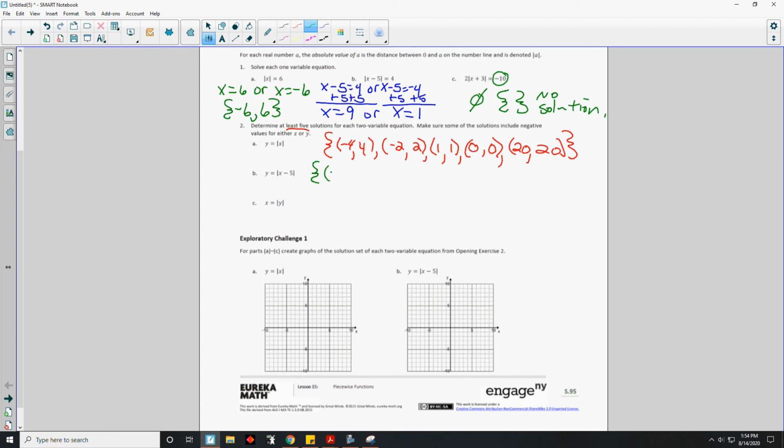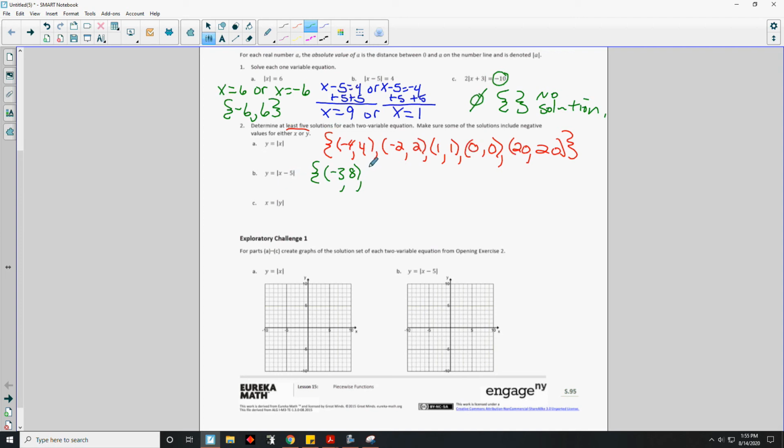So you just simply pick any number, negative 3. Negative 3 minus 5 is negative 8. Absolute value of negative 8 is 8. Okay? So when you're dealing with a negative number, you aren't just adding 5. You're subtracting 5 and then taking the absolute value.